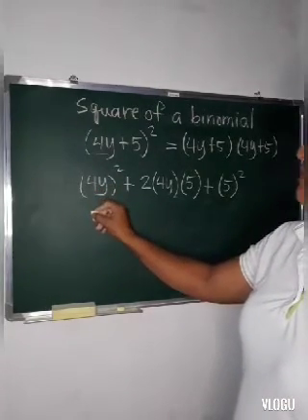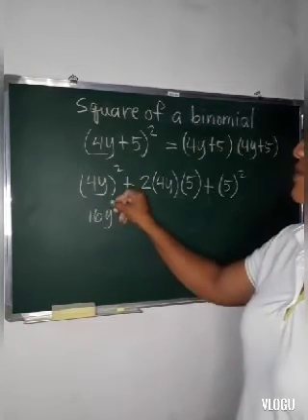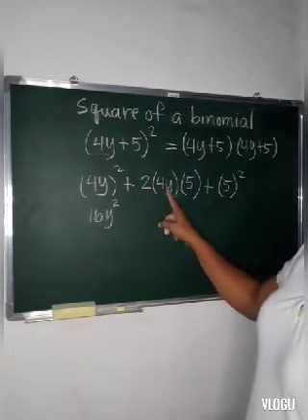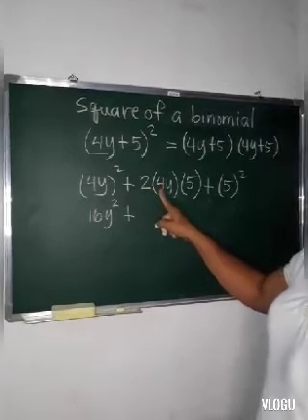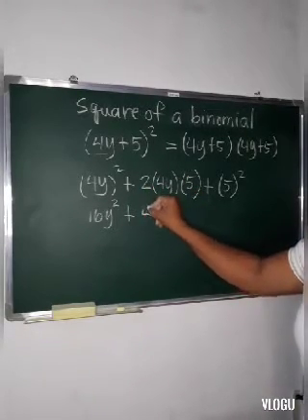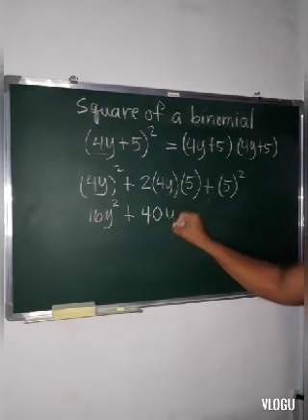4 squared, we have 16. Y squared is equal to y squared. Next. So positive, lahat positive, positive, positive. So positive. 2 times 4, 8. 8 times 5, 40. And then copy y.